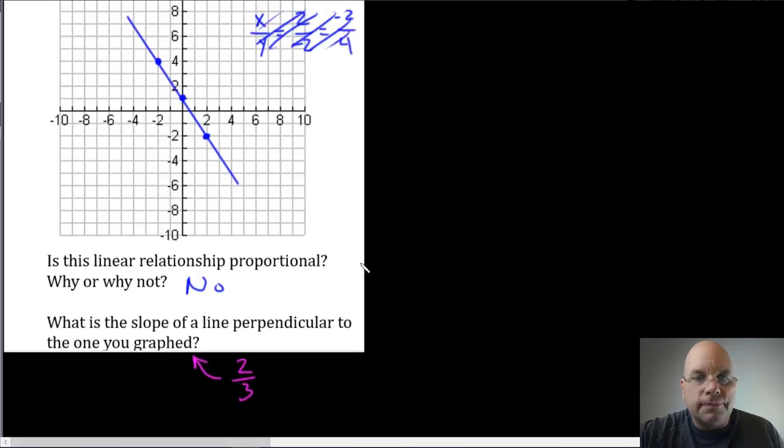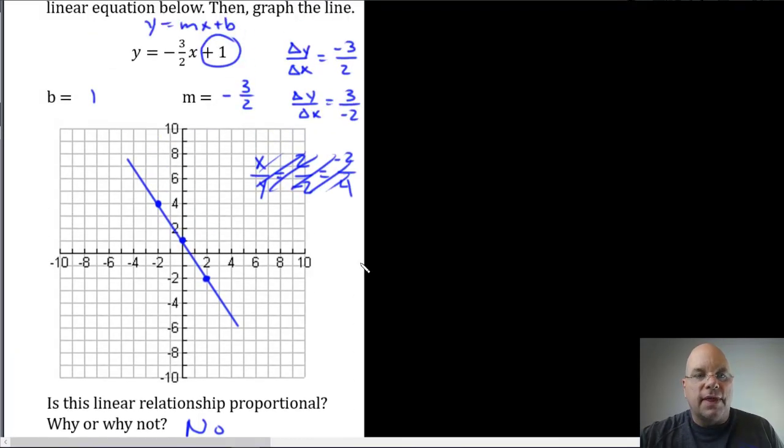But let's write an equation for that line, and actually let's give it the same y-intercept, but let's give it the opposite reciprocal slope, 2/3 x.